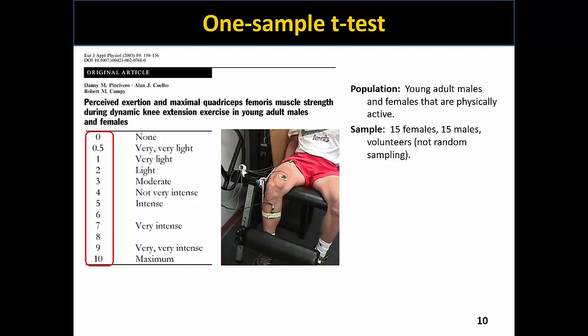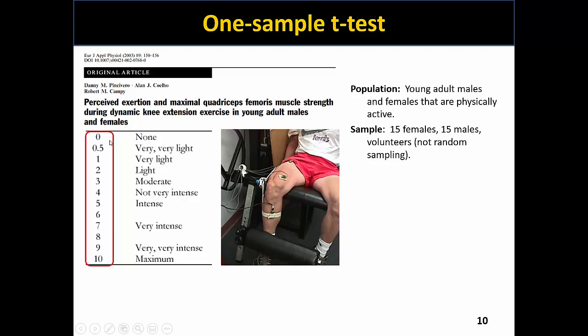The objective of this study was to match a person's physical actions, in this photograph, a person lifting weights using a standard knee extension device, to what they perceived as the level of effort to lift that weight. That was measured with this scale here.